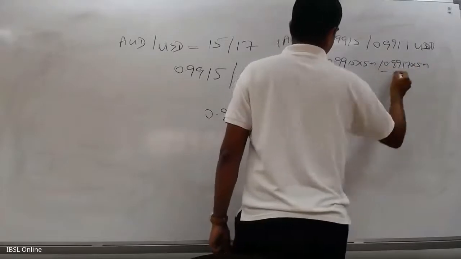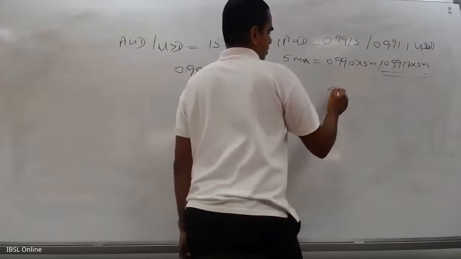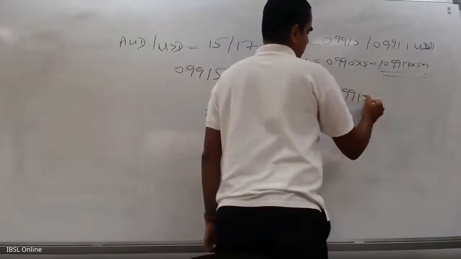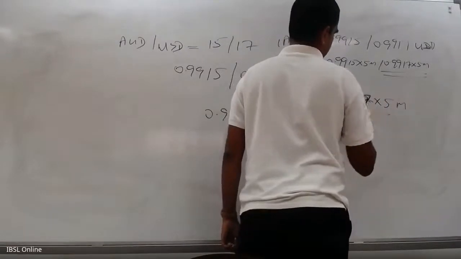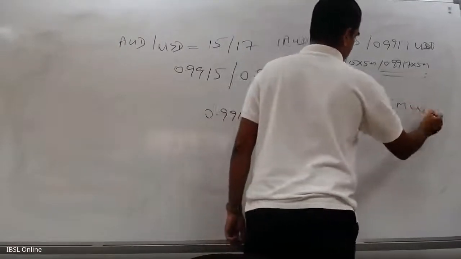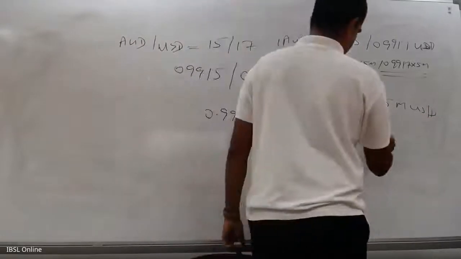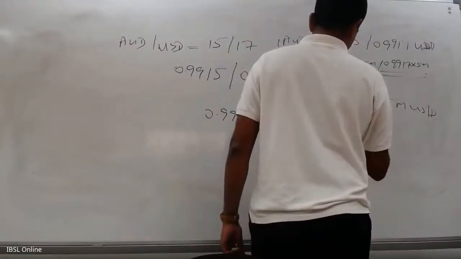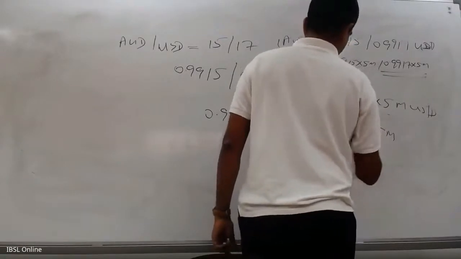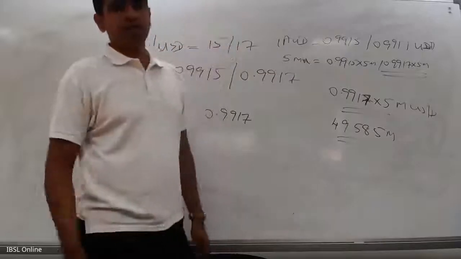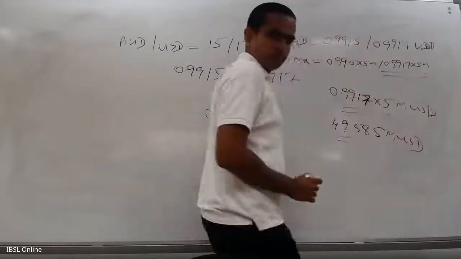So she is buying Australian, she is buying mangoes, that is the amount she will have to pay, 0.9917 into 5 million. That is the US dollar amount. Right, so this much of US dollars, which comes to $4.9585 million US dollars, she will have to give to Sven.